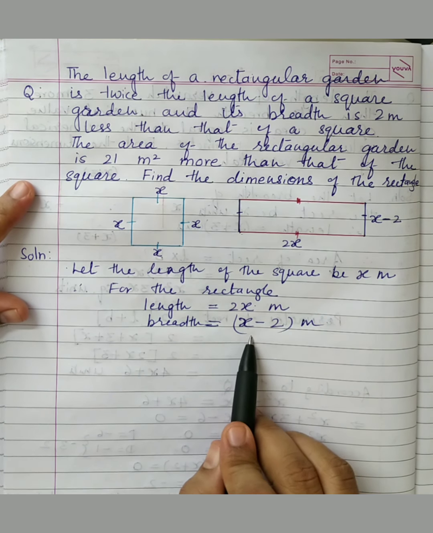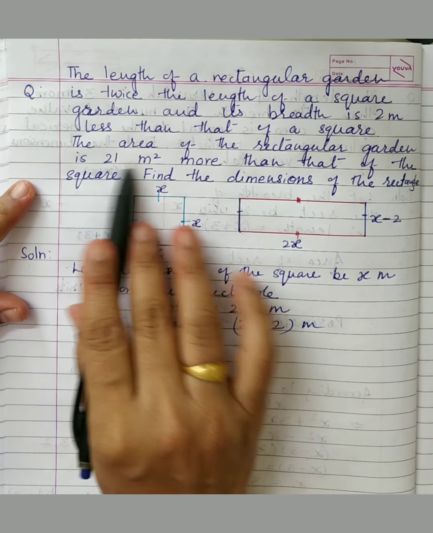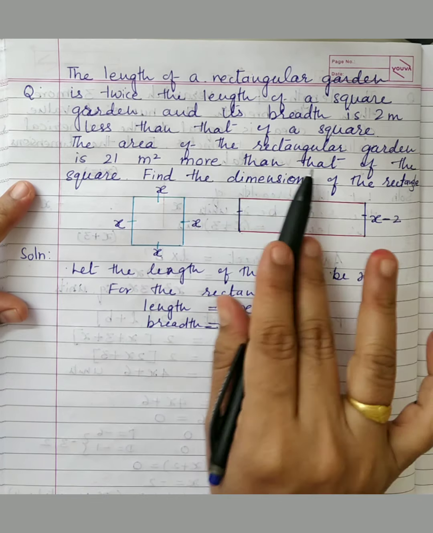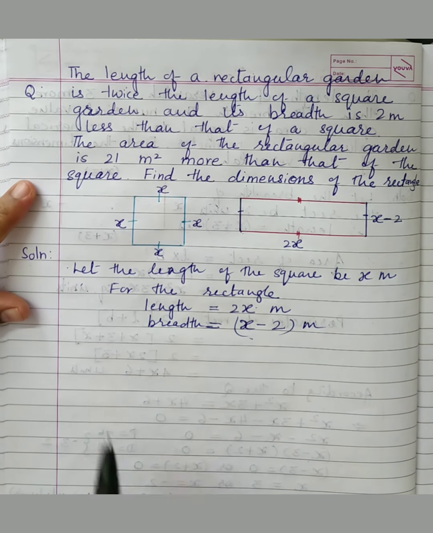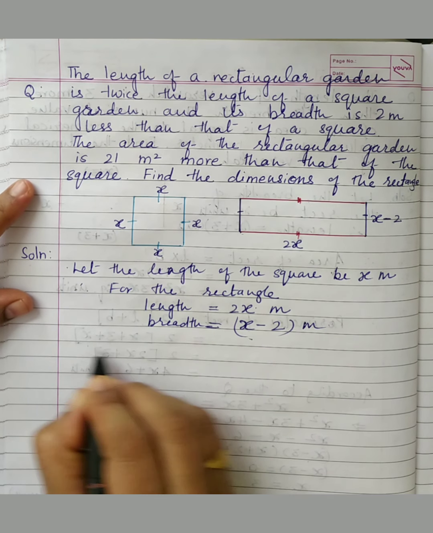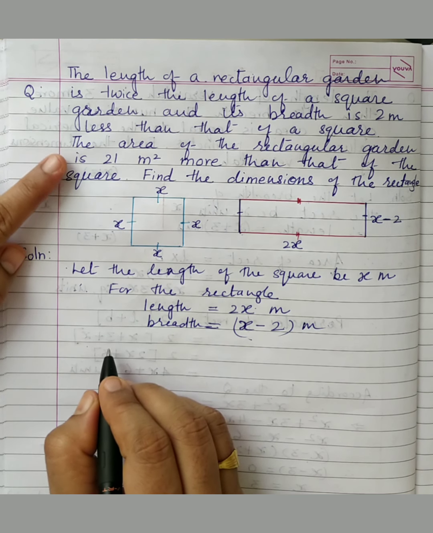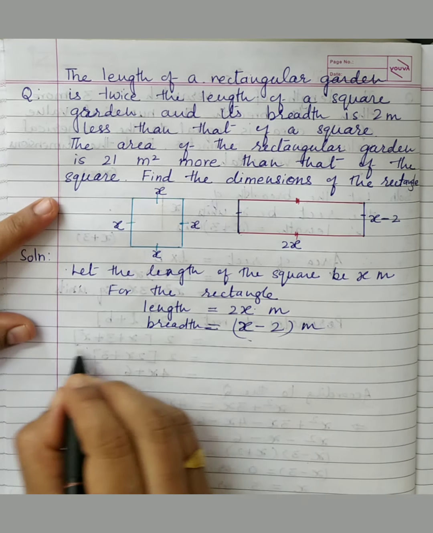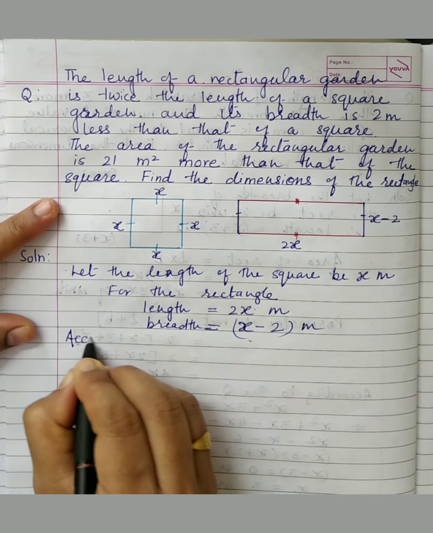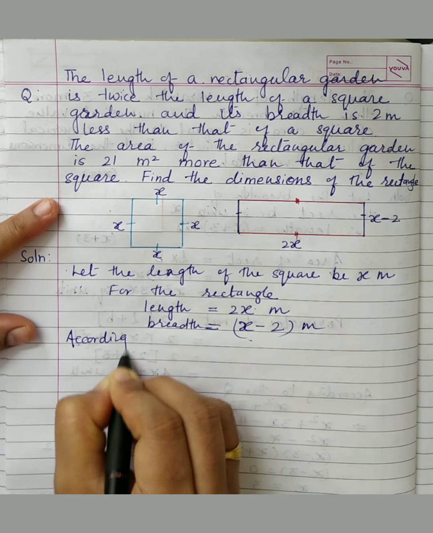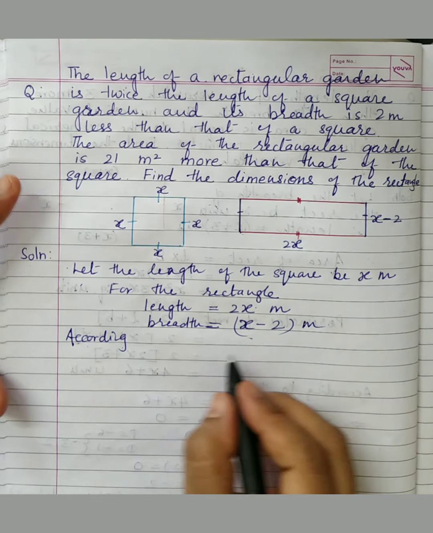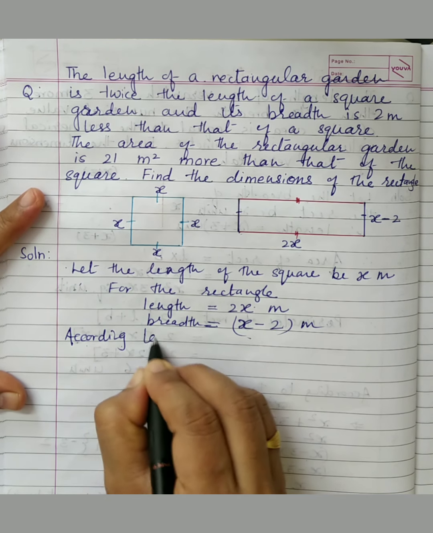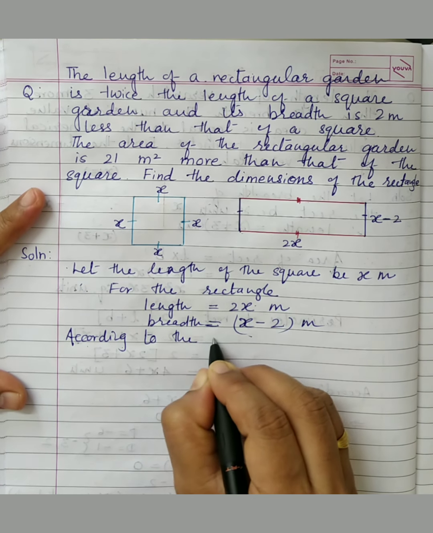Further, what will be the area of the rectangular garden? Length into breadth is 21 meters square more than that of the square. So how does it come? Area of the rectangle is more than the square by how much? 21. So this also you can write first verbally, so that the equation comes very easily according to the question.